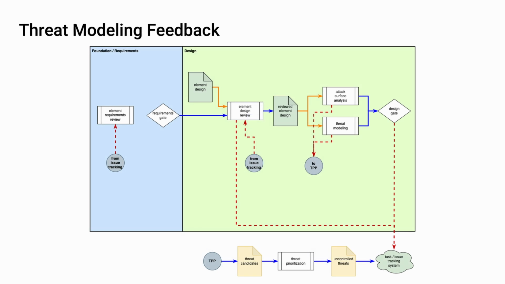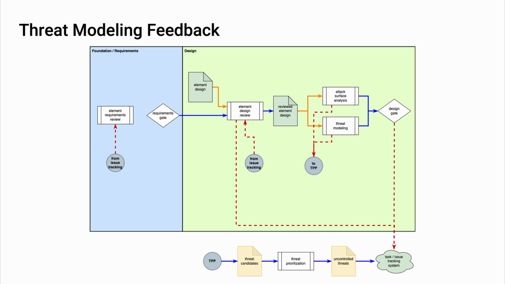Feedback is core to a cyclic implementation methodology and is the topic of the Understanding Cybersecurity Risk Freshness in an AVCDL Context elaboration document. As we can see, threat modeling in the design phase has feedback which channels through the threat prioritization process and eventually into the issue tracking system.